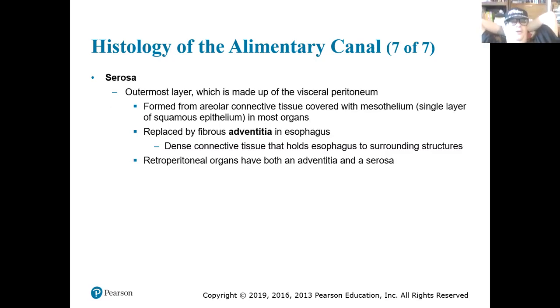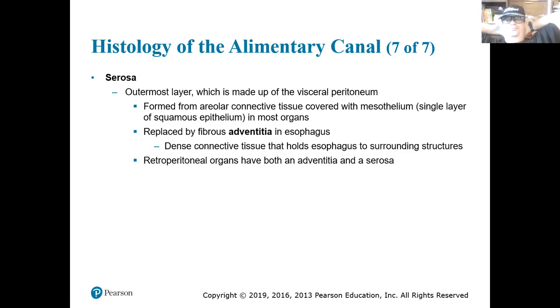All right. So serosa is the outermost layer. It is the same thing as the visceral peritoneum. Areolar connective tissue covered with squamous epithelium. Like the esophagus, we want to anchor it in place, don't want it to move around.